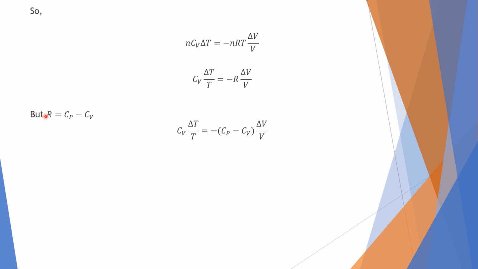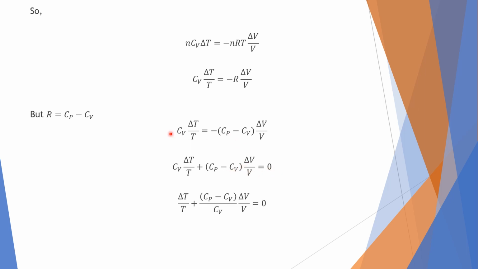So nCv delta T is equal to minus nRT delta V upon V. This n will cancel. Cv delta T upon T is equal to minus R delta V upon V. And we know that R is equal to Cp minus Cv. So the above equation changes to Cv delta T upon T is equal to minus (Cp minus Cv) delta V upon V. Or we can rewrite it as Cv delta T upon T plus (Cp minus Cv) delta V upon V is equal to 0.